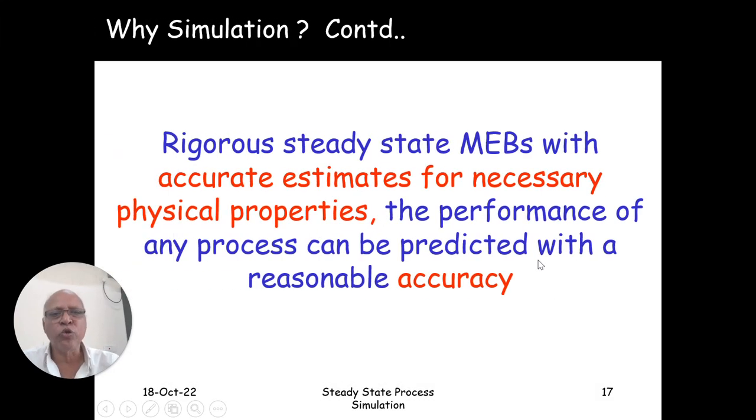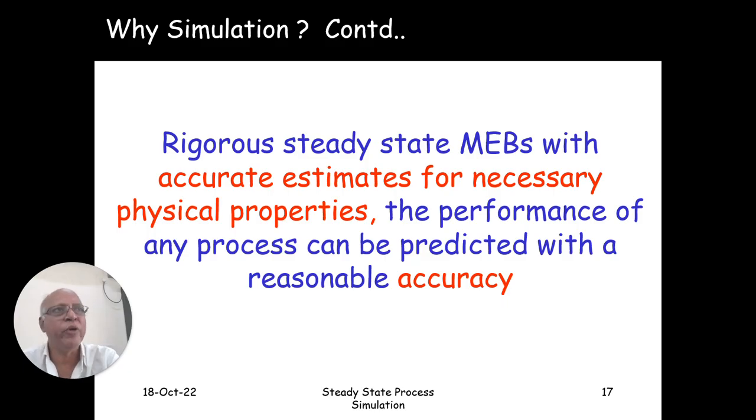So if you are able to do that, you are sure of getting accurate results, because the mass and energy balances for any equipment or any process, there cannot be two different ways of writing it. The only difference here is what are the physical properties that you are making use of in order to estimate those energy requirements. If there is an error in estimating these physical properties, that error will percolate into even your results.